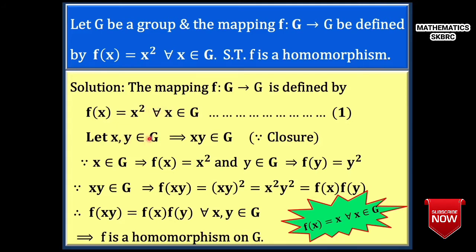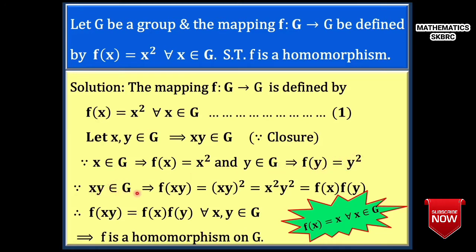Let X, Y belongs to G, then we get XY also belongs to G, since G is a group. G satisfies four conditions: closure, associative, identity, and inverse. By using the closure property, since X belongs to G, F of X is equal to X square, using 1. Similarly, Y belongs to G gives F of Y is equal to Y square.